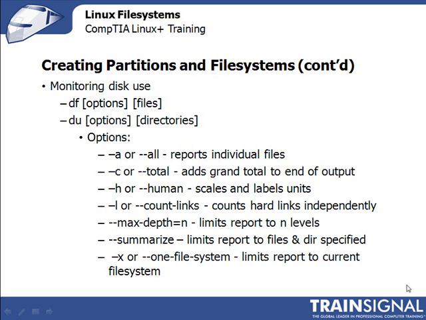The first is -a or --all, which reports individual files. -c or --total adds a grand total to the end of the output. -h or --human-readable scales and labels units. -l or --count-links counts hard links independently. --max-depth=n limits the report to n levels, where n is the number of levels you'd like to limit to. --summarize limits the report to those files and directories that you specify on the command line.